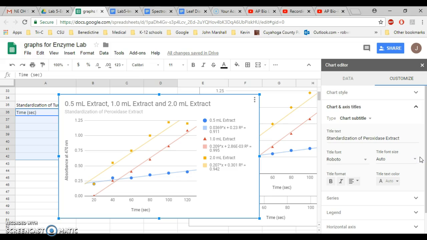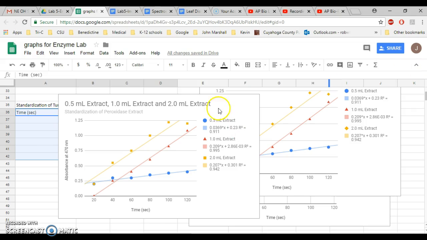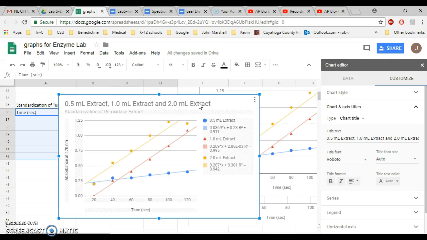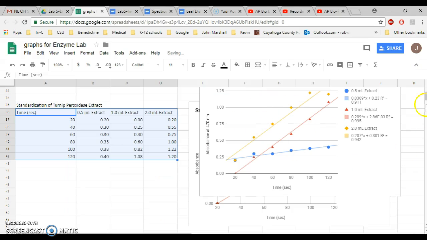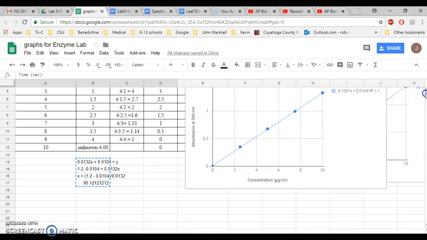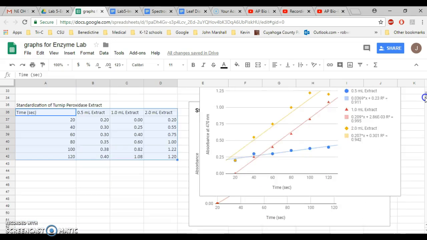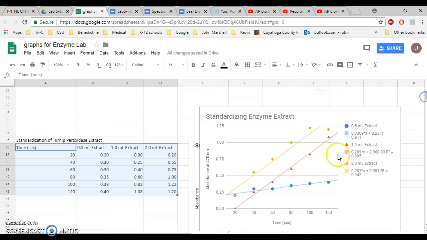In other words, we don't know if our standardization for our extract is the same as the standardization for the graph that we just did. Okay. Not sure why this is not picking up, maybe it's this one. Sorry. Okay. So standardizing enzyme extract, it's right here.